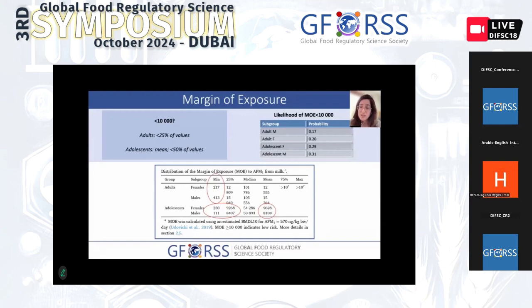So in this specific case, although we know AFM1 is indeed a contaminant strongly associated with milk, we actually demonstrated that despite some non-compliances reported in the literature, Lebanese adults are still well protected by the control measures in place. So we may need to focus more on younger populations when we talk about risk from exposure to AFM1 through milk. We should not generalize it. Everybody is at risk.